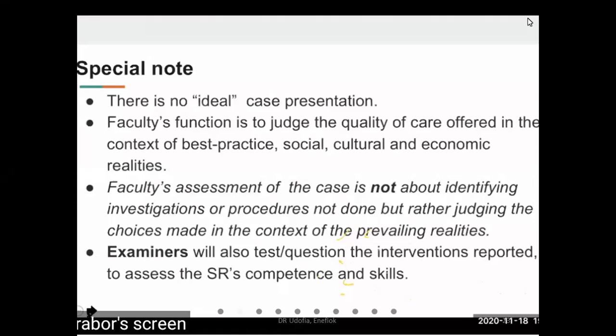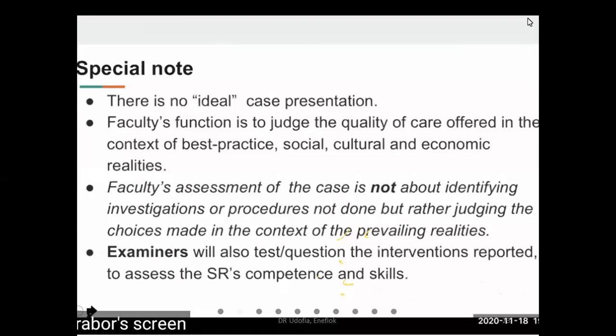And let me also say that the faculty or the examiner judges the quality of care you offer, and not necessarily whether it has happened before or whatever. So the context of best practices must be considered with the social, cultural, and economic realities of that patient.